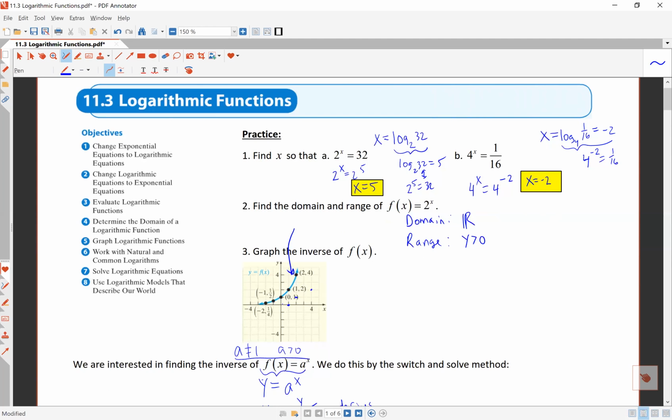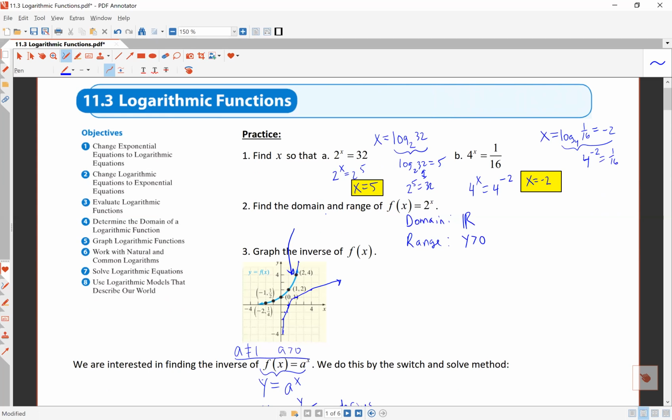Negative 1, 1/2 becomes 1/2, negative 1. Negative 2, 1/4 becomes 1/4, negative 2. The graph didn't touch the x-axis, so this graph doesn't touch the y-axis. And so that's what the inverse looks like.